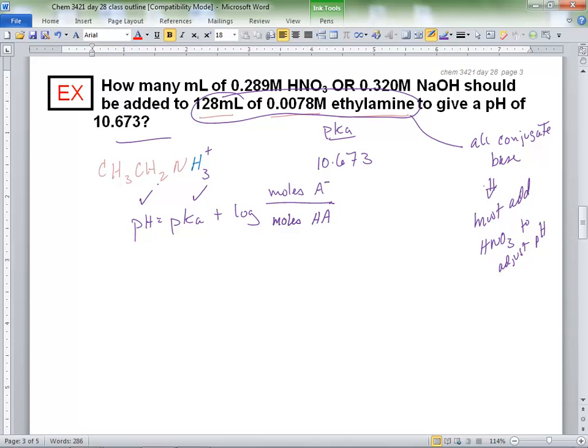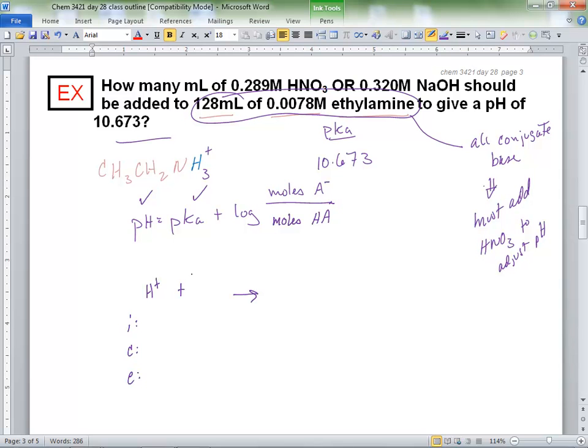So let's make a little mole table. I'm going to have ICE. But what's my reaction that I can make a mole table out of? I was just thinking, because Victoria said you had to add H+, or nitric acid. Well, you could write HNO3, but H+ is really all you need. H+ plus, what's really happening here?